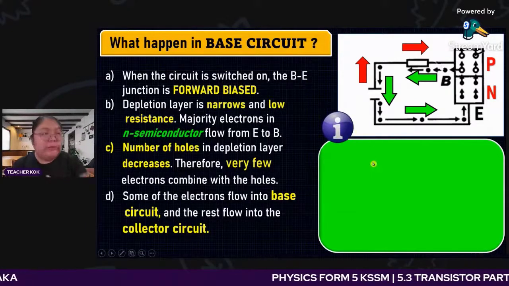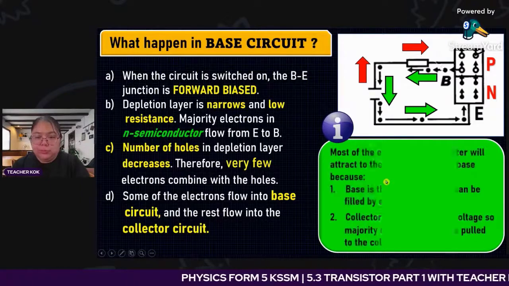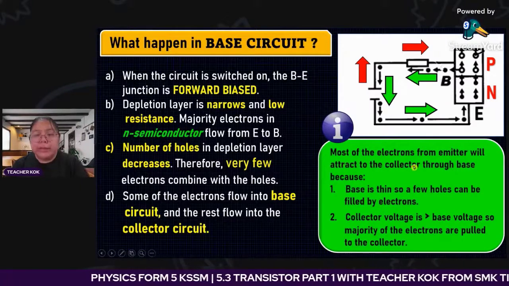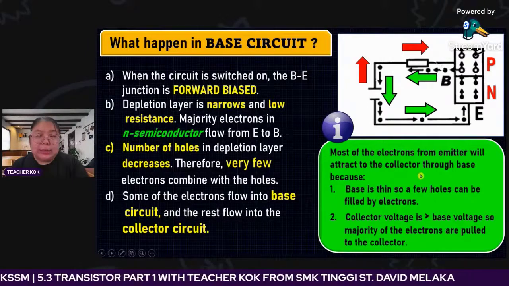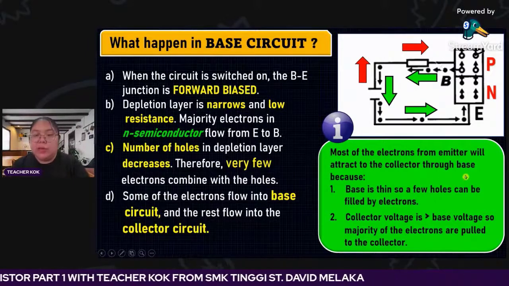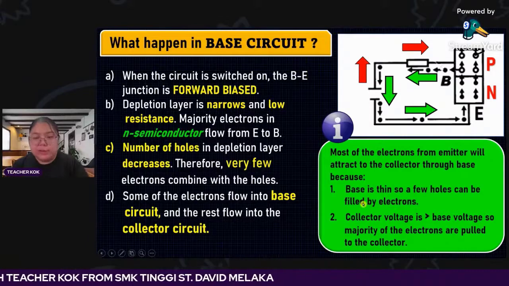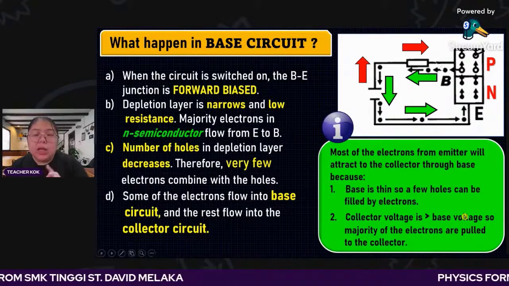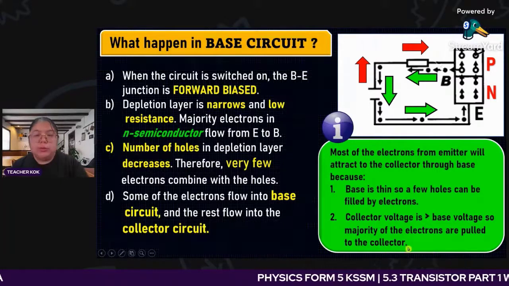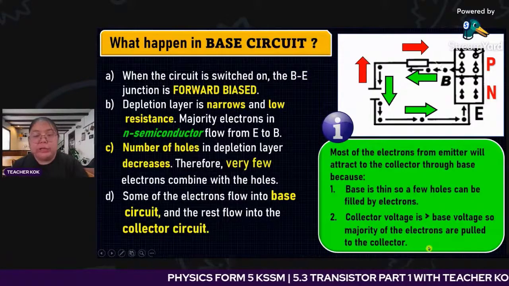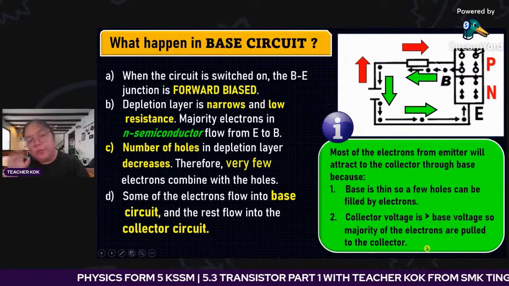We go to some info that lets you know: most of the electrons from the emitter will be attracted to the collector, because of the extra, right? They get through the base because, first, the base is thin, so only a few holes can be filled by the electrons. Number two, the collector voltage is bigger than the base voltage.